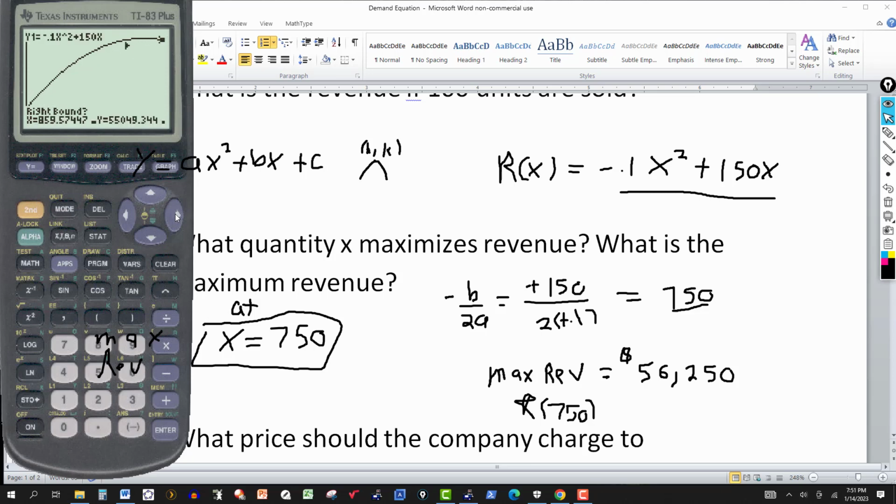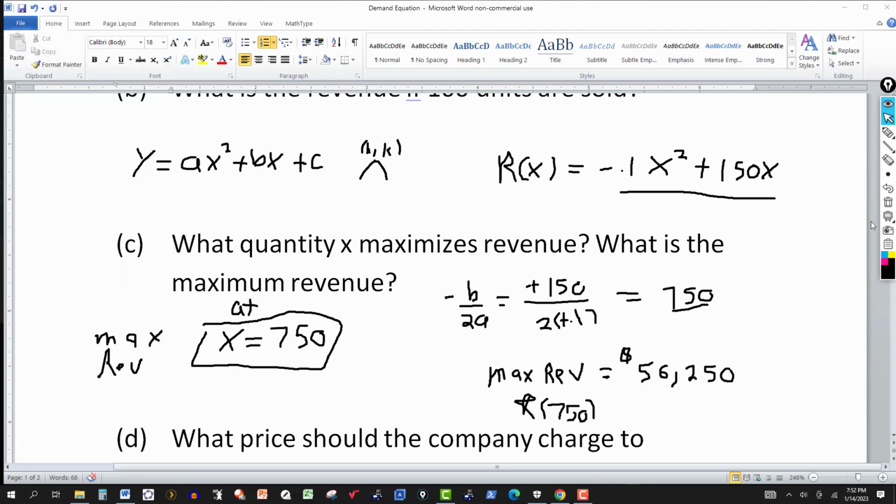Make sure it's past that high point, hit enter. Then it wants a guess, you can ignore that, hit enter. And then here it is. Maximum occurs at x equal to 750.000, so it's actually 750. So the number of units that leads to a maximum revenue is 750. And the y, the second component, tells you what the actual maximum revenue is: 56,250.